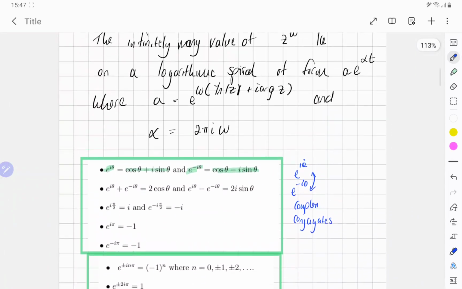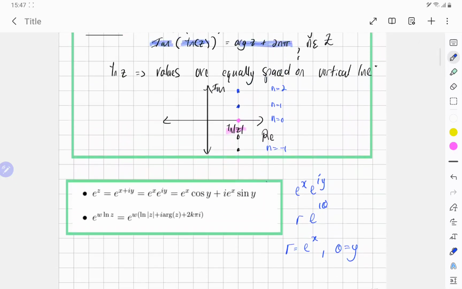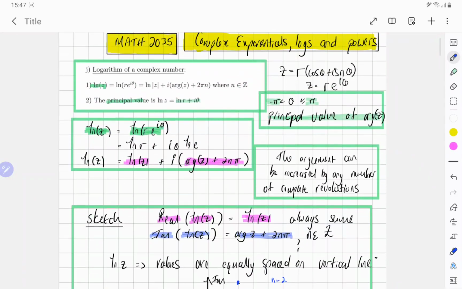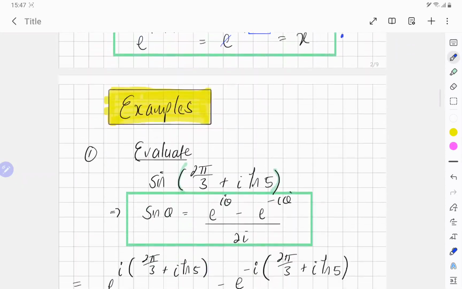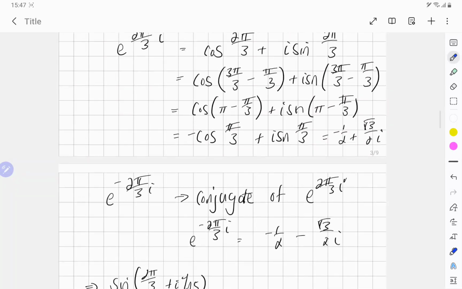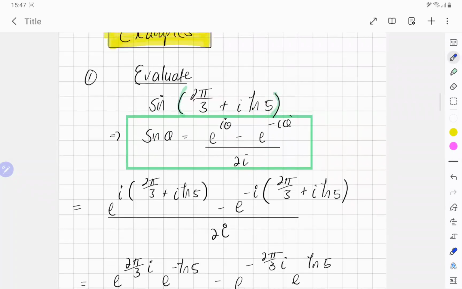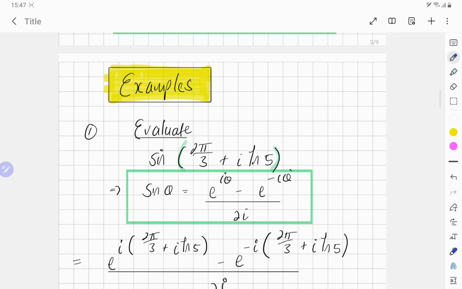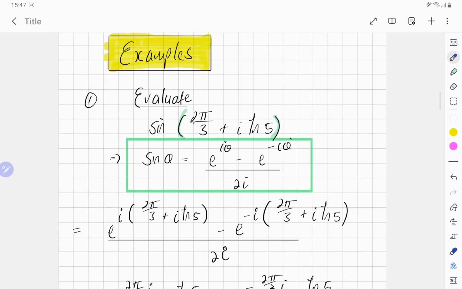So make sure before you start with the examples that you study your theory very well, because while you do an example, you shouldn't look back at your theory. You should know your theory already well. So recall that sin theta is e to the i theta minus e to the negative i theta over 2i.